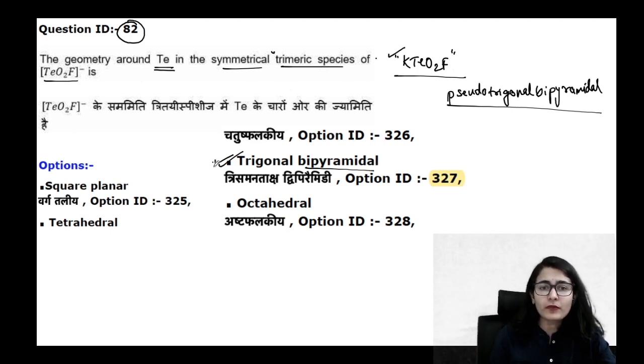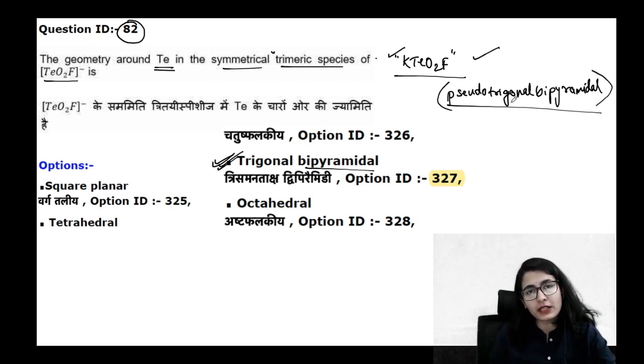Pseudo trigonal bipyramidal was mentioned for this complex, and you will be able to study a lot of other things about this particular molecule in the same research paper: how it is generated and how the structure has been defined based on X-ray crystallographic studies and so on.